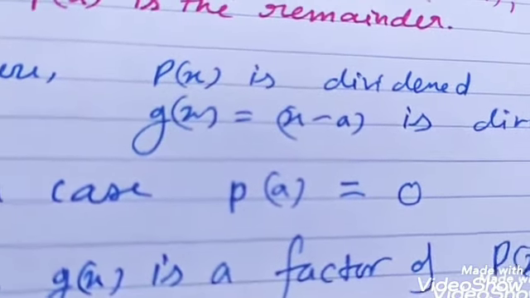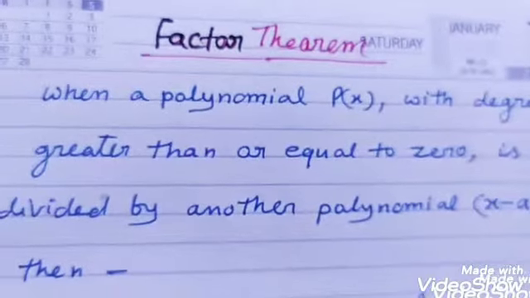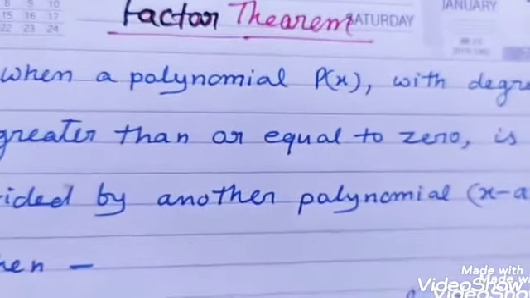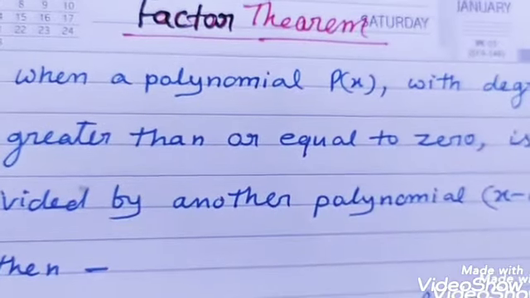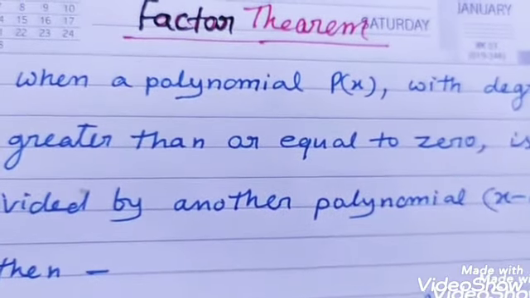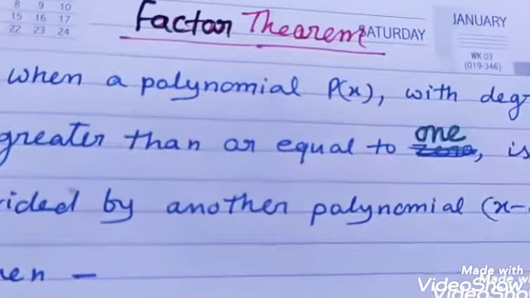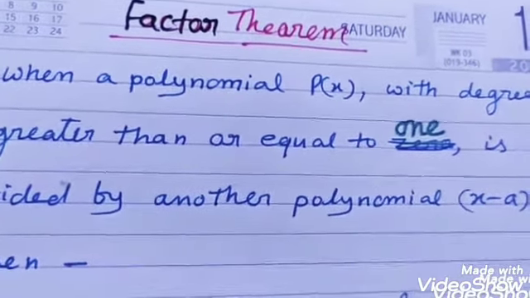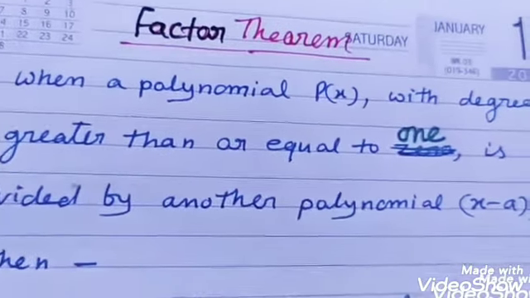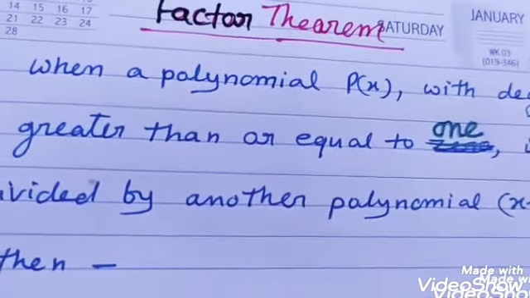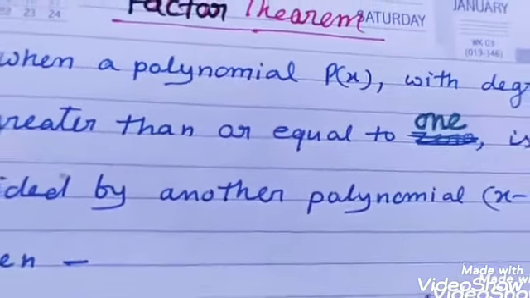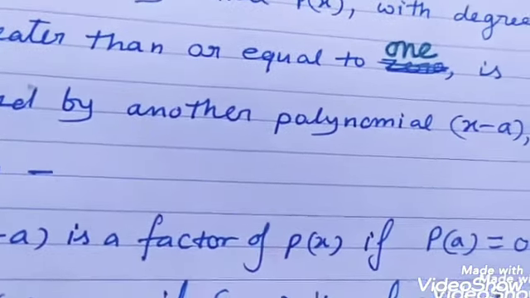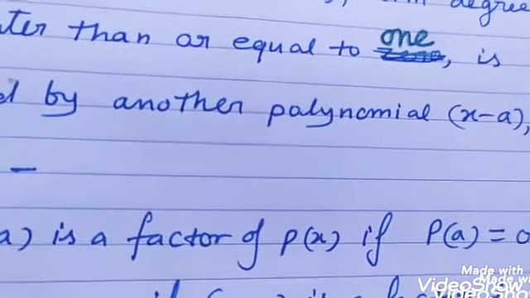So factor theorem states, when a polynomial p(x) with degree greater than or equal to 1 is divided by another polynomial x minus a, then x minus a is a factor of p(x) if p(a) is equal to 0.